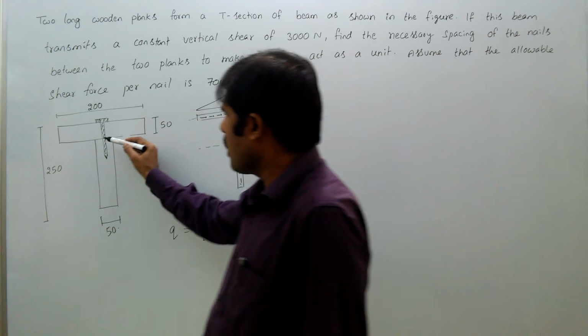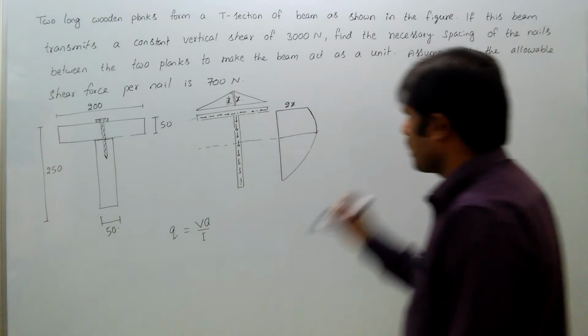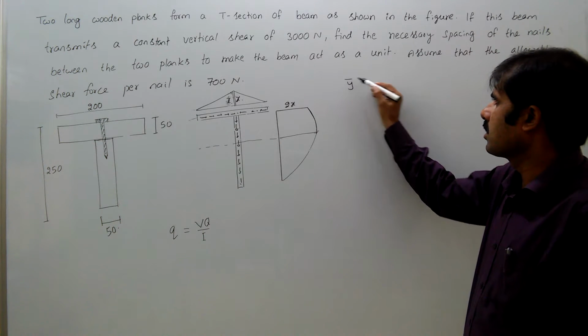Now what is the shear flow at the junction? To find that, first we need to find the centroidal distance y bar.